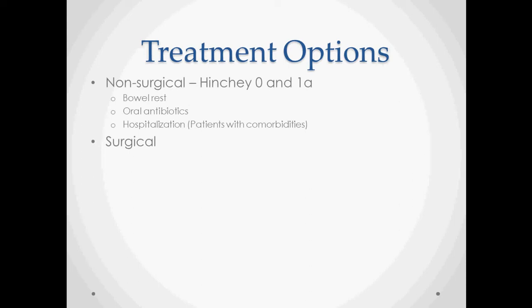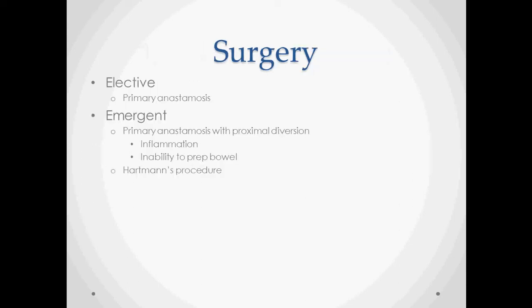So these people you can put on bowel rest. You can give them some oral antibiotics, and you can hospitalize them if you're worried about other things. If they have immunosuppression, if they're diabetic, anything that worries you about possible infection, you can hospitalize. And then of course there's surgery for everybody else.